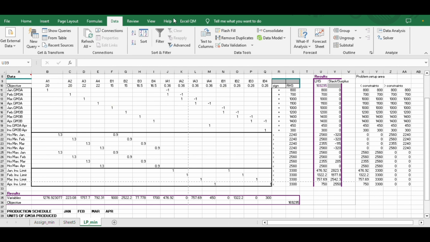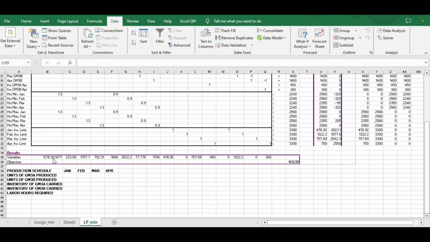So from these results, let's try to make a production schedule. For the variables of A1, there is 1,276.9, so we will round it up. It will be 1,277 for January, 223 for February, 1,758 for March, and 793 for April.